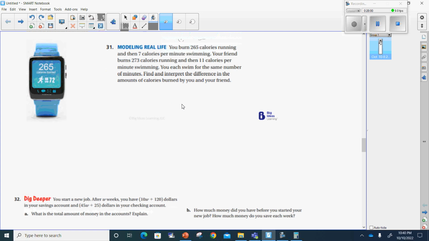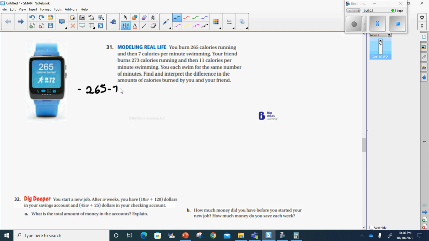You burn 265 calories running and then 7 calories per minute swimming. Okay, so we have 265 calories running, and then you're taking away another 7 calories per minute.